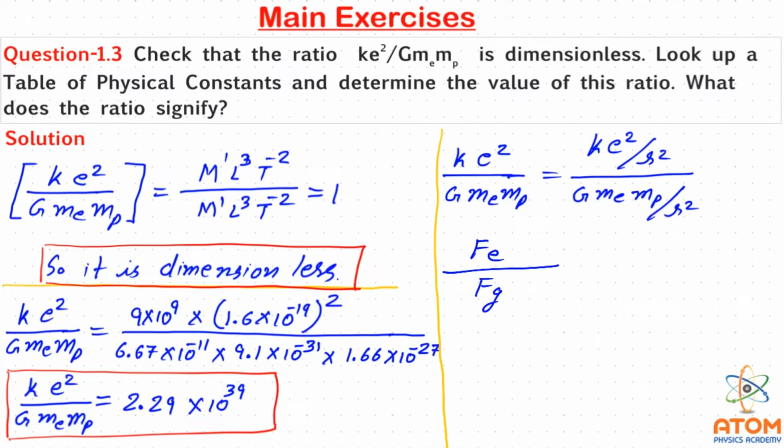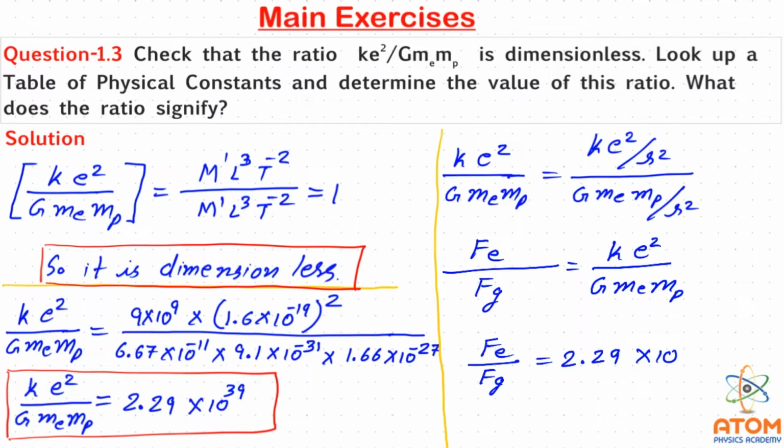Fe is the electric force and Fg is the gravitational force. That is this ratio k e square upon G me mp, and we know the value. Fe upon Fg is 2.29 into 10 raised to 39.